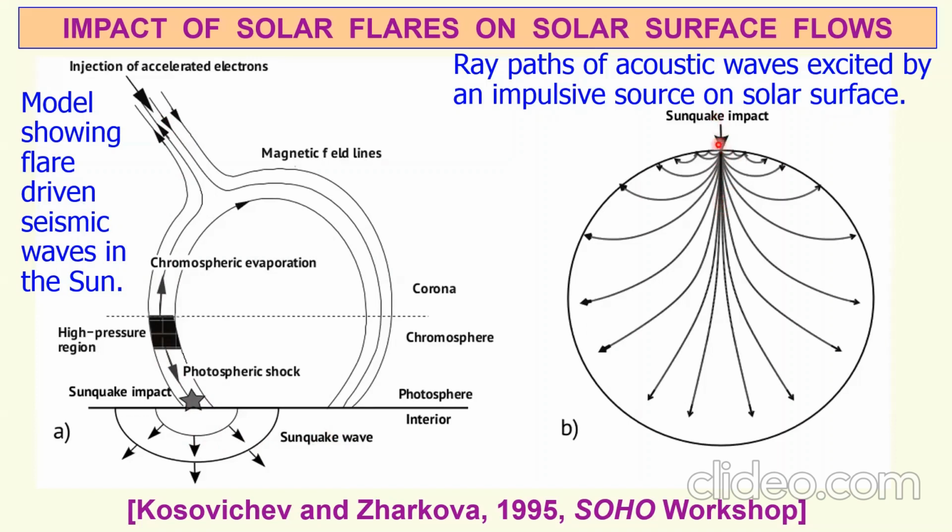So this is the sun-quake impact, and one can see here that the waves are traveling deeper into the solar interior, and depending on the launch angle, they will penetrate deeper or shallower, and then move towards the surface, and wherever they knock, it gives you the point of ripples. And with the progress of time, one can see the ripples which are formed at the sun-quake impact point, as if it is moving, progressing with time.